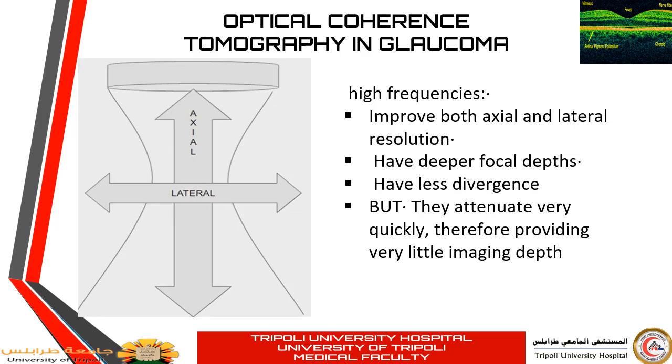So by increasing the frequency of the light source, we can improve the axial resolution as well as the lateral resolution to some extent. But this will be at the expense of the penetration deeper into the tissues. As we increase the frequency, the wavelength will be less and hence the penetration will be low.